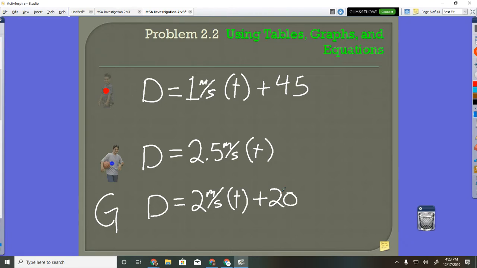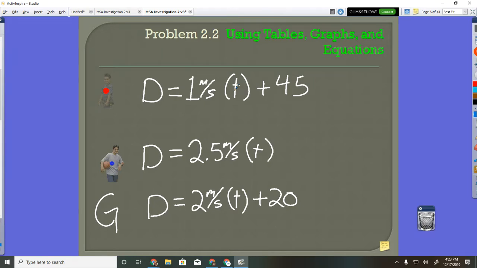So we're going to see Gilberto's rate being multiplied by time, just like we see Emil's rate being multiplied by time and Henry's rate being multiplied by time. So if we were to compare Gilberto's graph and also take a look at the equations, so there's the equation.